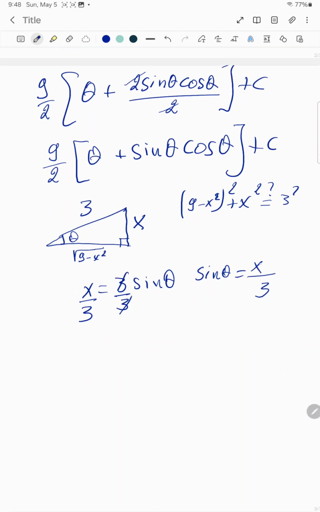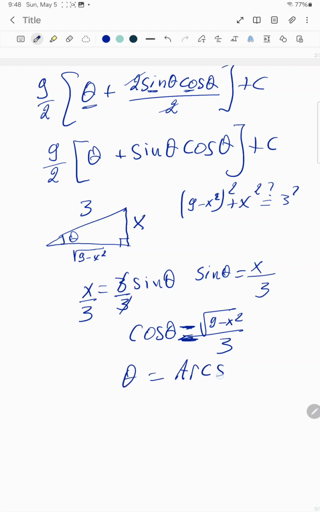So now I have sine theta equal to x over 3, but I also have cosine theta and theta. My cosine theta would be equal to the square root of 9 minus x squared, adjacent, divided by the hypotenuse, which is 3. And my theta is equal to arc sine of x over 3, because if sine theta is equal to x over 3, my theta is arc sine of x over 3.